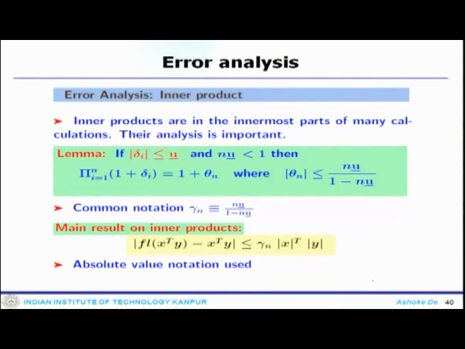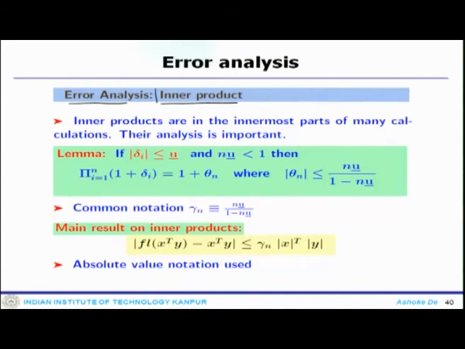So, again one would like to look at the error for the inner product. So, we have defined the inner product earlier. Now, one would like to see the error which is associated with these inner products.